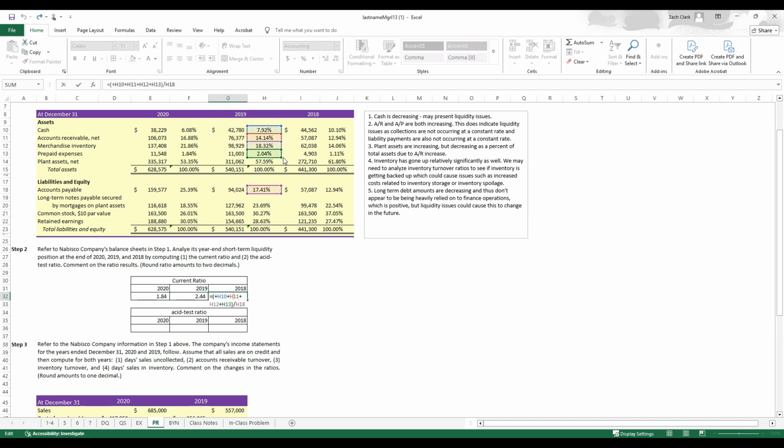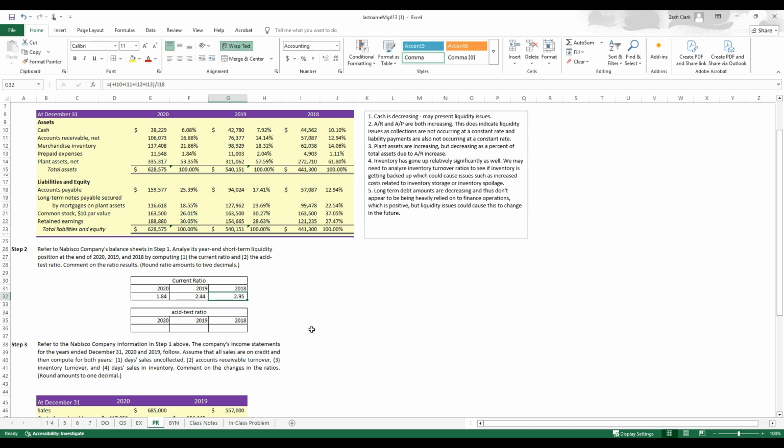And then we can do this again, changing all of them from H, because H is the percentages column, to I. Once you change it to I, now it's referring to the right column.